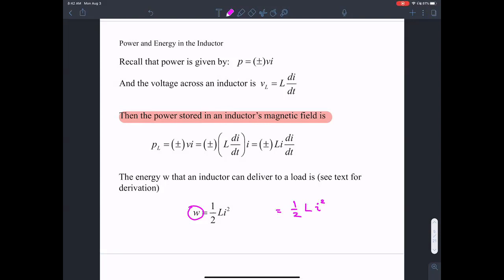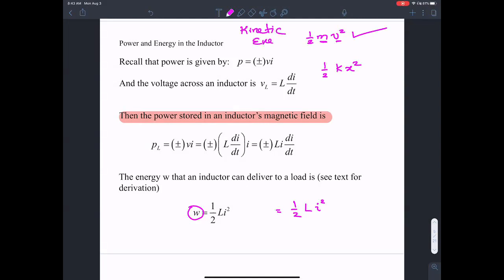So this is a very familiar form. 1/2 mv squared is the kinetic energy of a moving body with mass m and velocity v. We know that energy typically takes this form, 1/2 kx squared. Does anybody recollect what energy that represents? Is that Hooke's law, the energy in a spring?